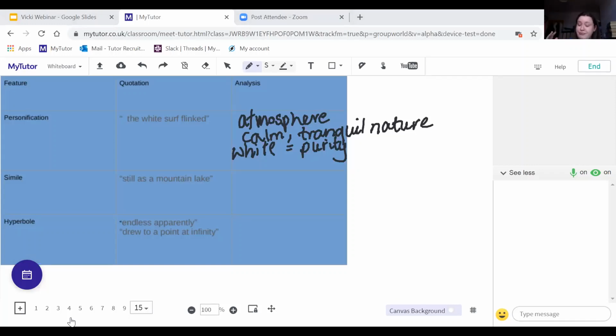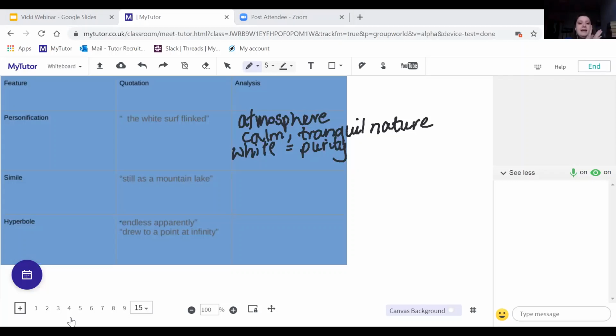So we need to ignore everything else that we know about Lord of the Flies, which isn't in this paragraph. Otherwise, we're creating inferences, and then we're going on to English literature papers rather than English language. We need to keep it potted and contained.